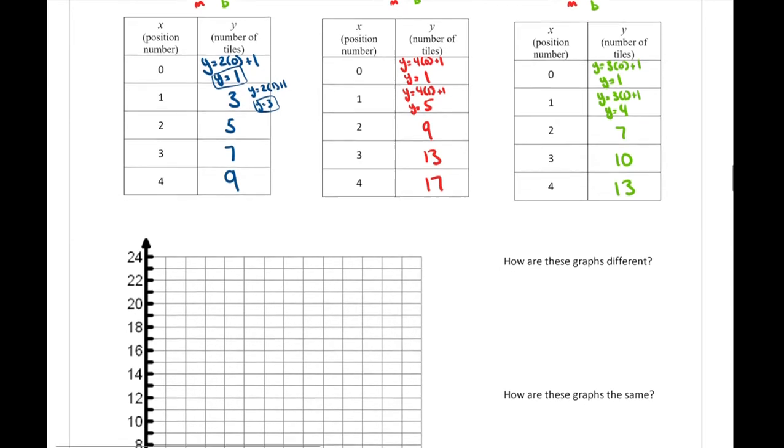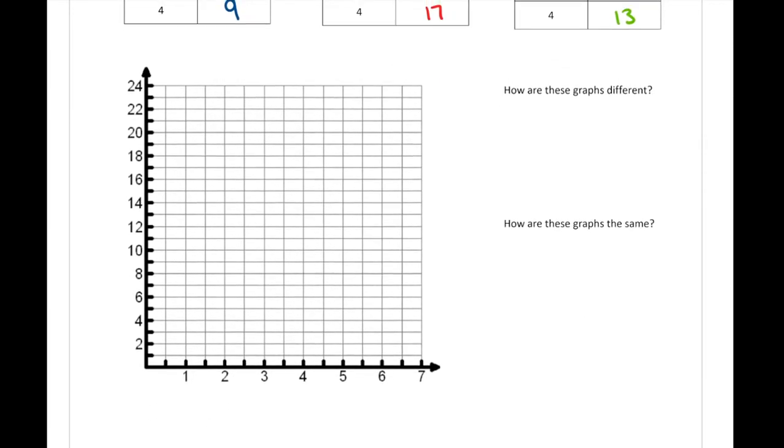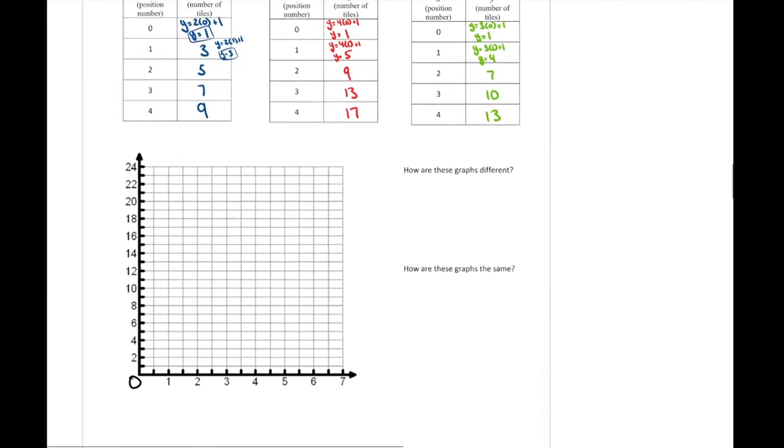So for the first rule, we start off at position 0, which again, 0 is down in the corner, the origin. So we have position 0, and then the number of tiles is 1. At position 1, we have 3, 2, we have 5, 3, we have 7, 4, we have 9.